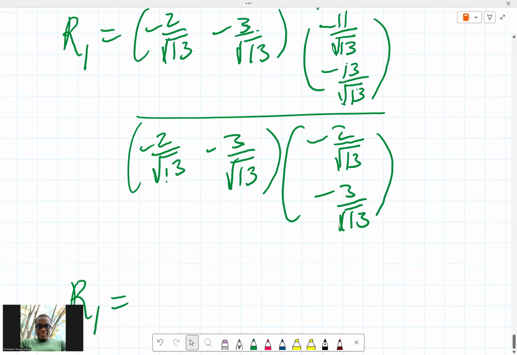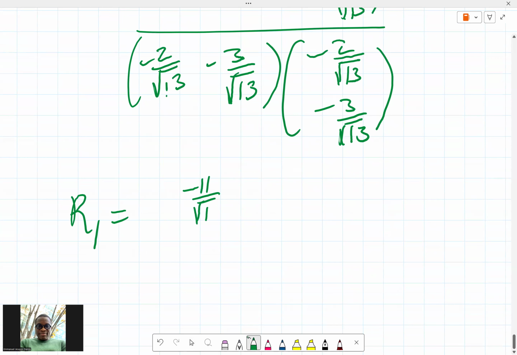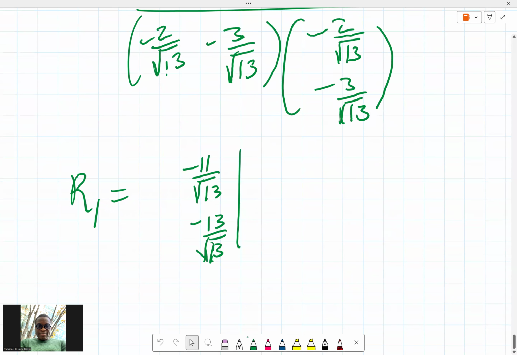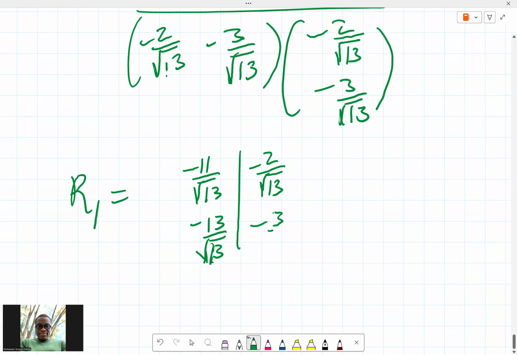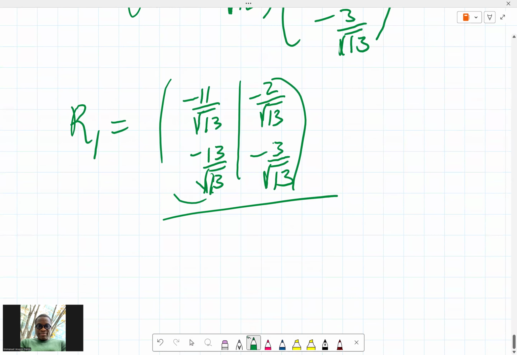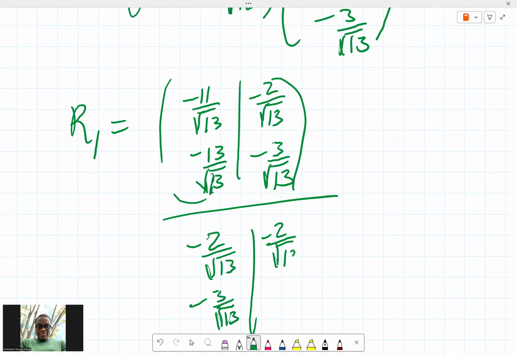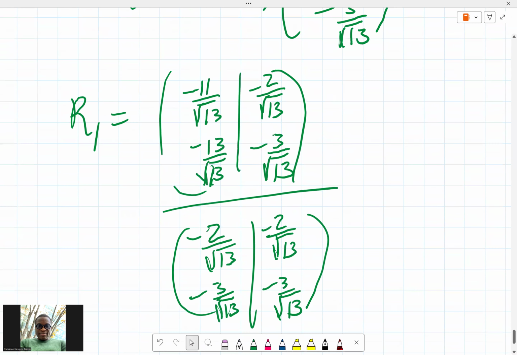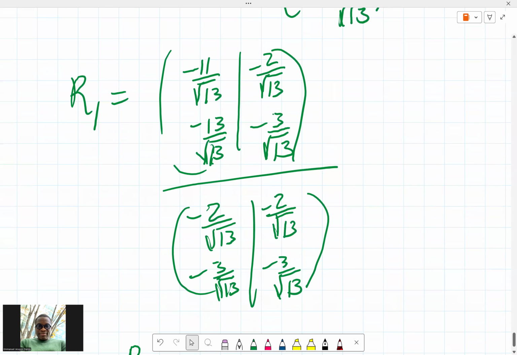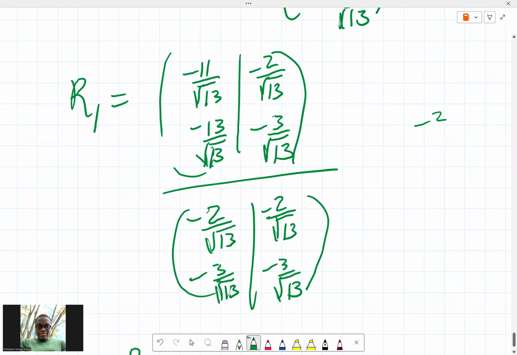So R1 is equal to, we do this again, (minus 11 over root 13, minus 13 over root 13), and then we put this over it: (minus 2 over root 13, minus 3 over root 13) up there, and down here we have the same vector times itself. So R1 now will be equal to, if you add up all of that, minus 22 minus 39, oops, that's minus 61, right?